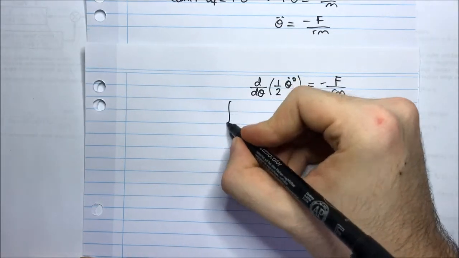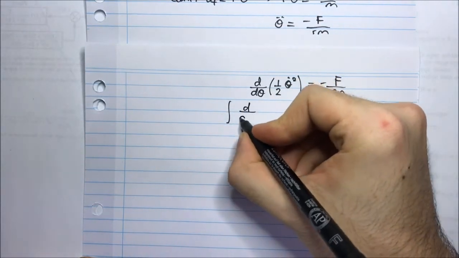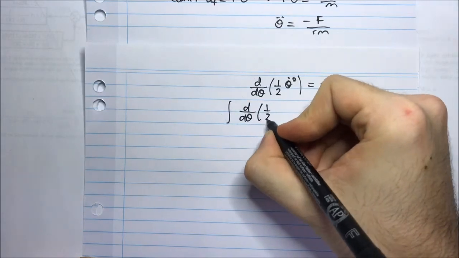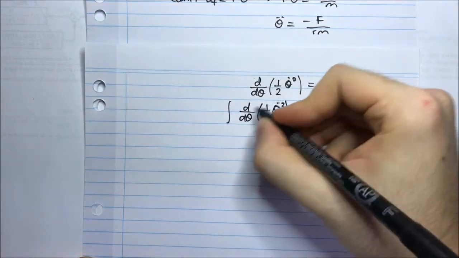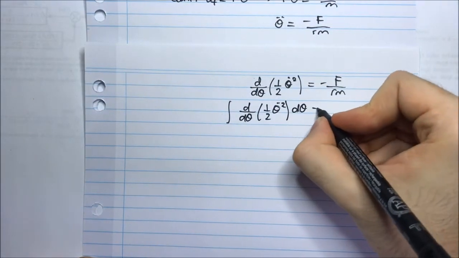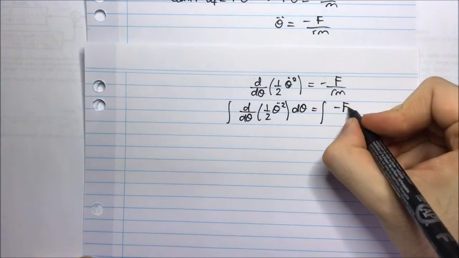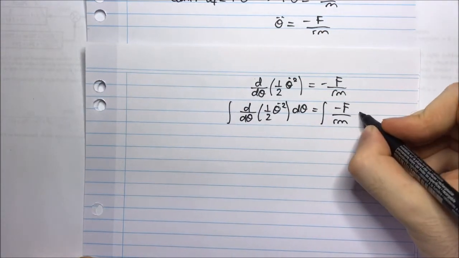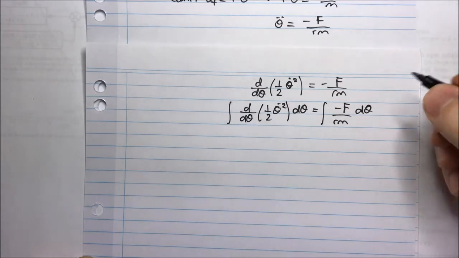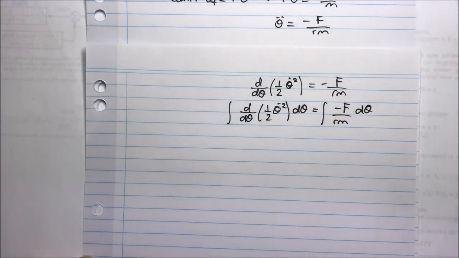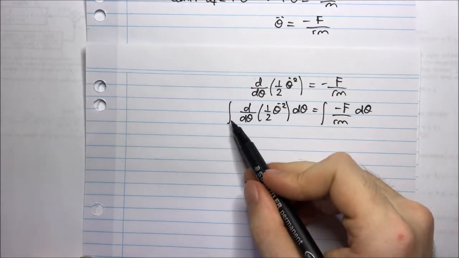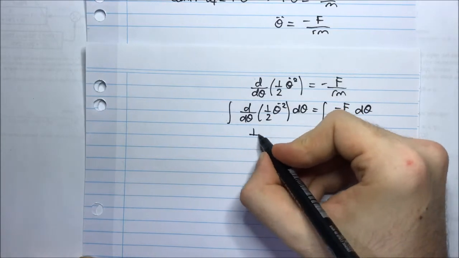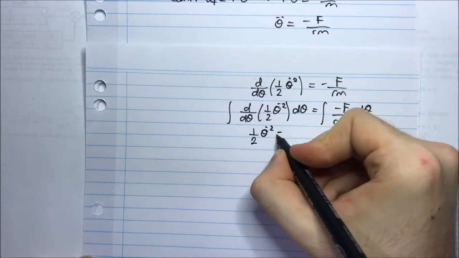Alright, so I have that. Now I want to integrate both sides with respect to theta. So I have this derivative, I'm integrating it with respect to theta, and here I have this term, which remember is just a constant, because F, R, and M are just constants. So I'm integrating that with respect to theta as well. Now, of course, the integral and differential will cancel out, and I'll have a half theta dot squared.